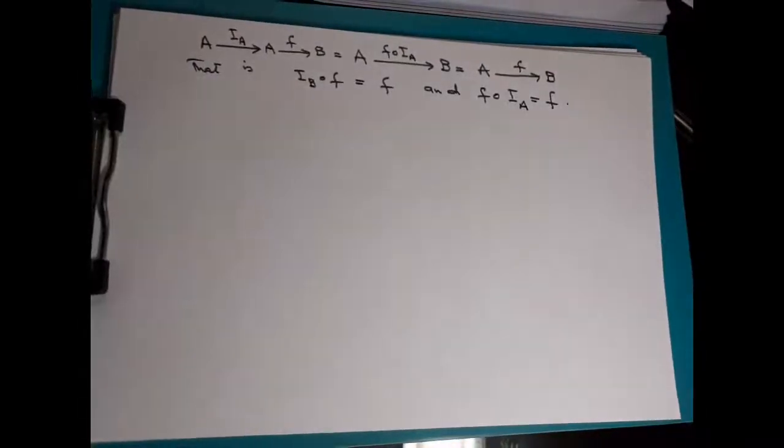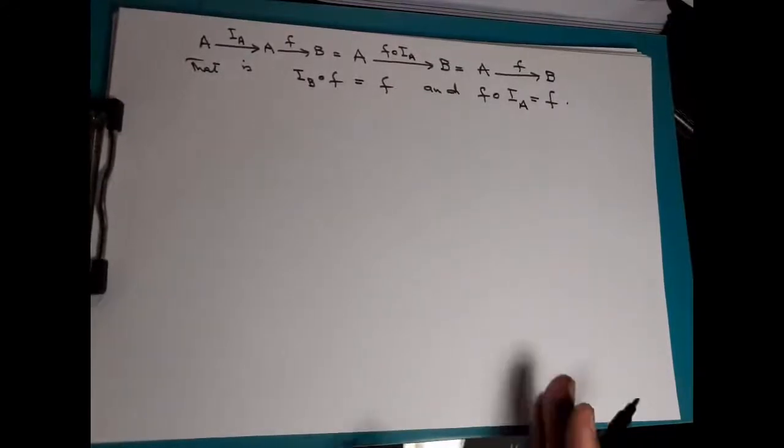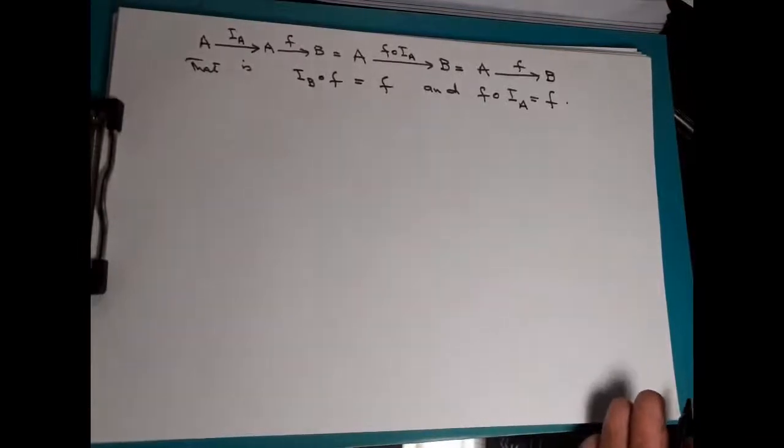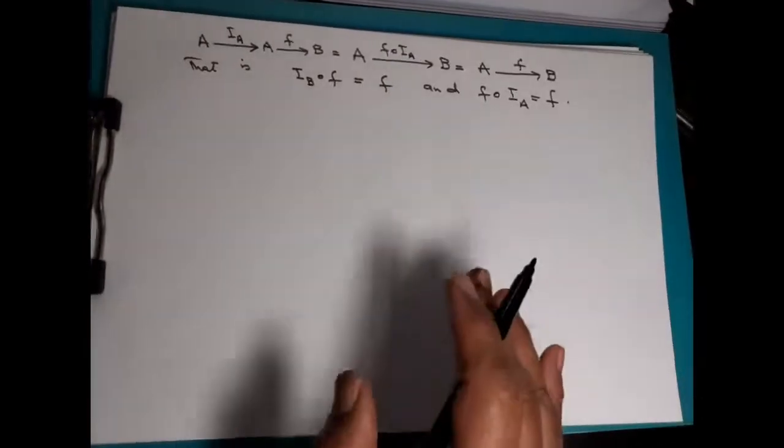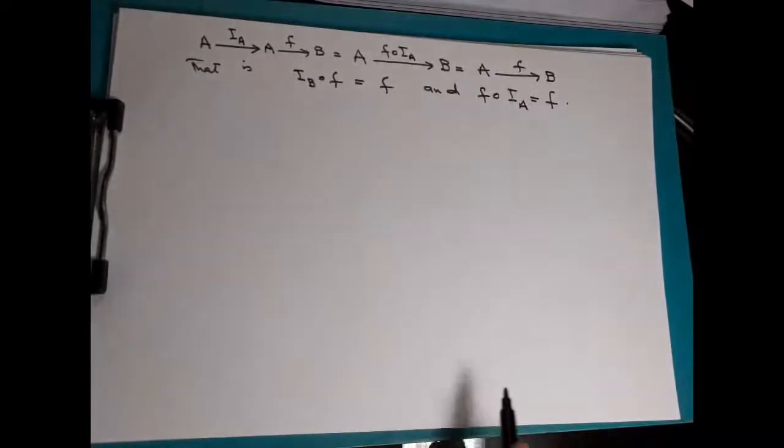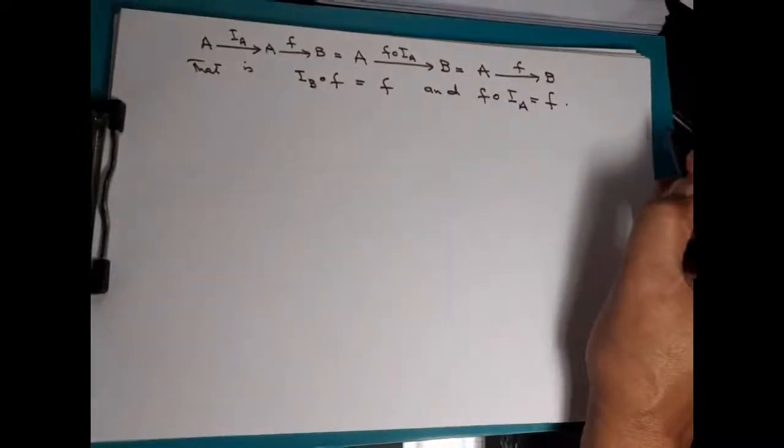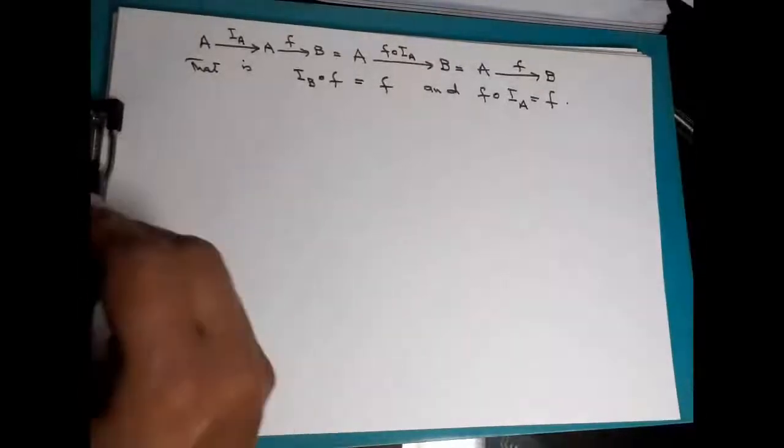So when we compose the function with identity function of set in domain, we get the same function. And similarly, if we compose a function with identity function of the set in codomain, we obtain the same function again. So these are very important properties.